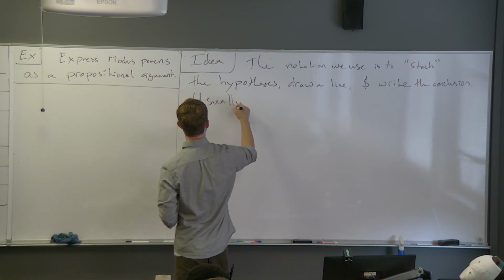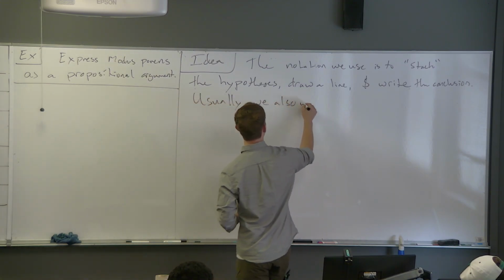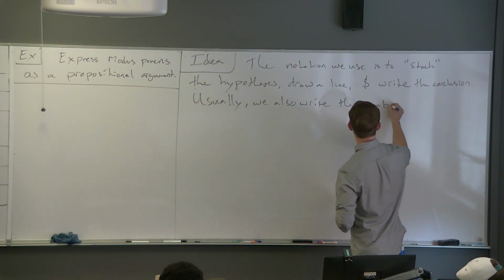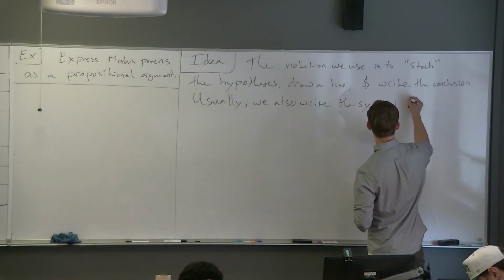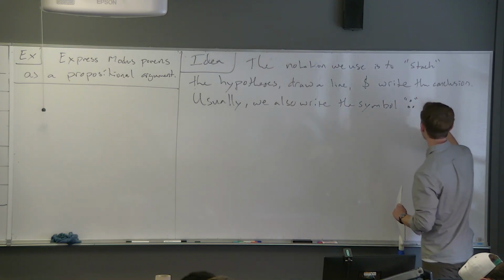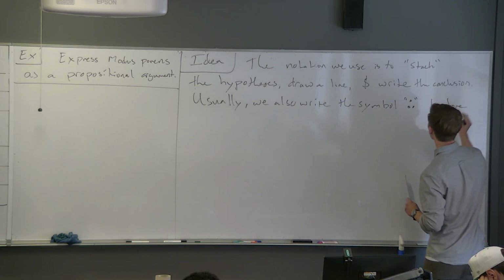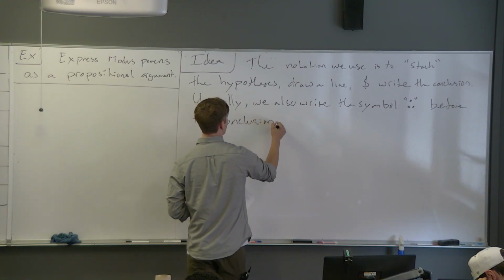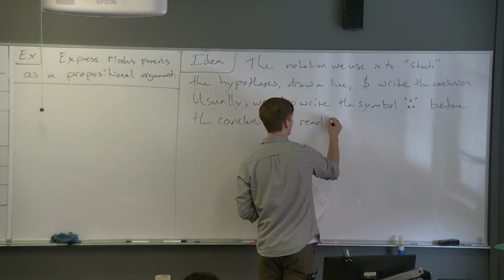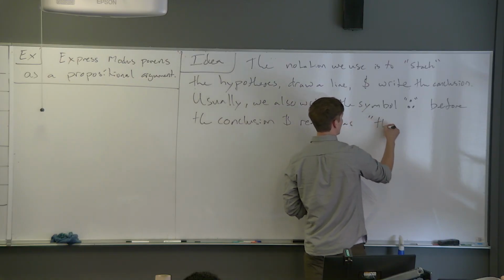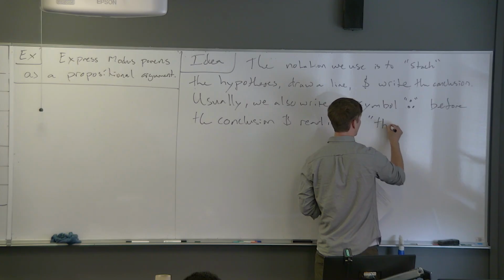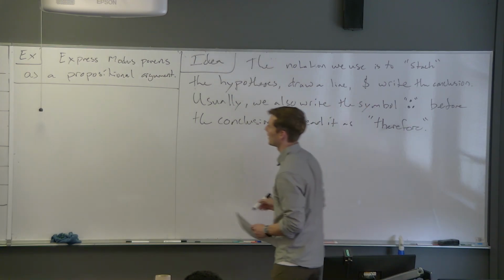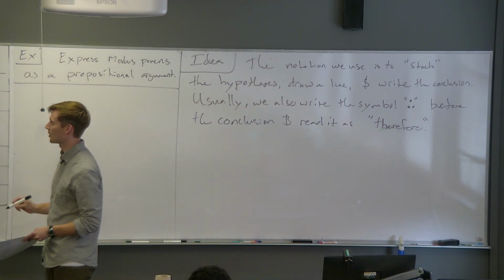Usually, we also write the symbol, three dots, before the conclusion and read it as therefore.